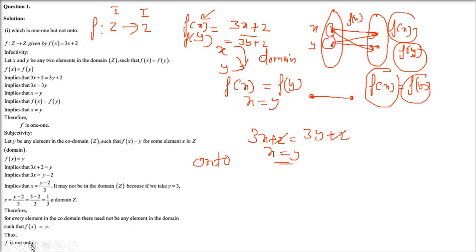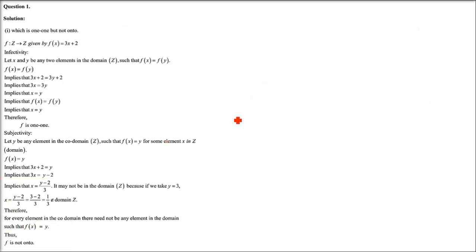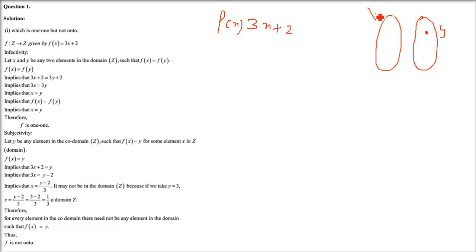Coming to onto. Now let me give you the definition also, so that other questions can be easily solved. You have f(x) equals 3x plus 2. The onto condition says that if y is in the codomain, also in the range, then the value of y should have a pre-image in x.